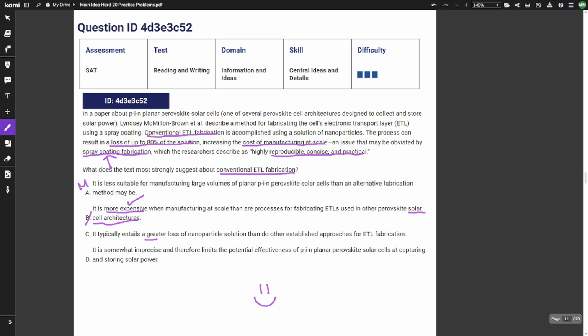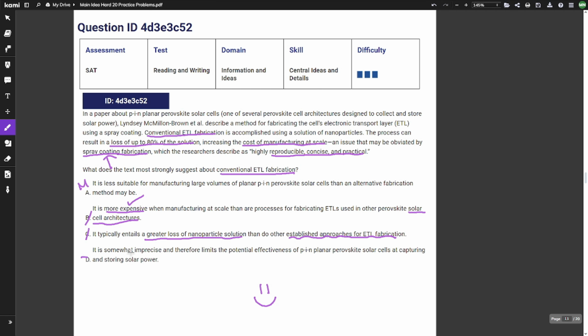Now, it does have a pretty big loss of solution, an 80% loss. However, the text doesn't mention other established approaches of fabrication. It does mention this one spray coating one, but other than that, it never talks about other approaches. So it's not going to be C.